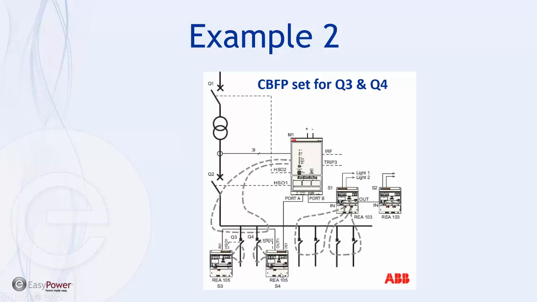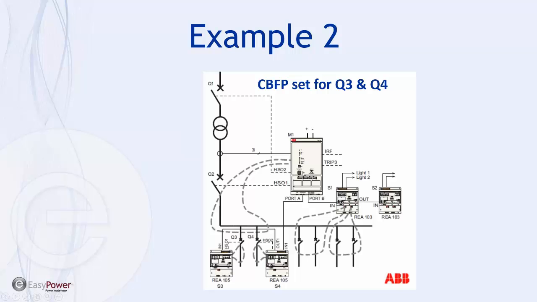The REA 105s receive, if you have an arc flash in their zone of protection, and the current exceeds the pickup value of the fault detector, then this pickup signal is passed on down to the REA 105 units, and if they detect light, they will high-speed trip on their own output contacts. The main is just as we discussed before.